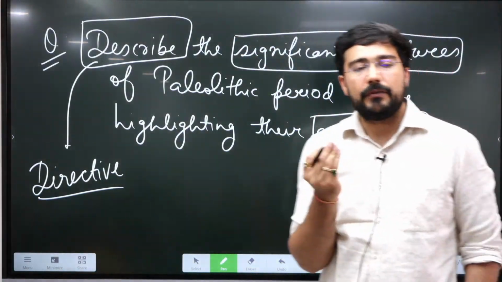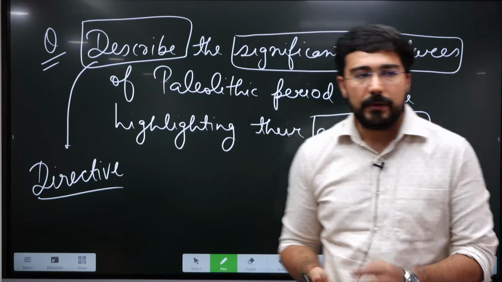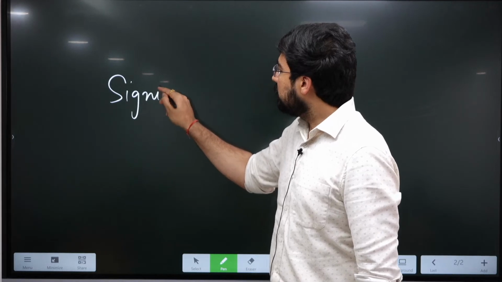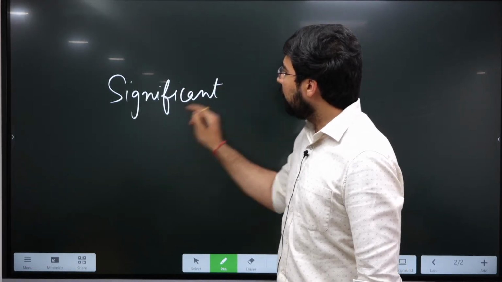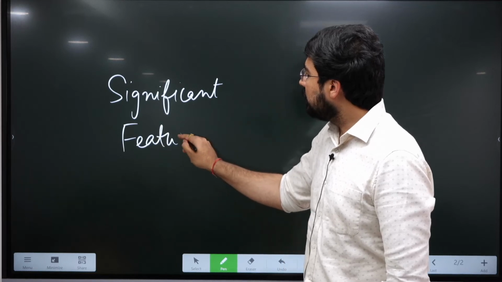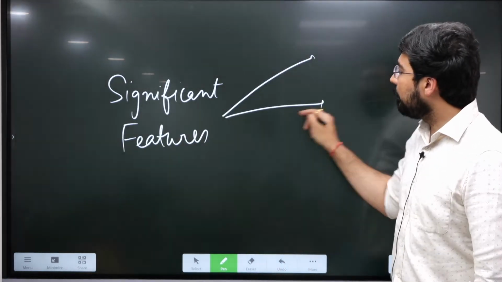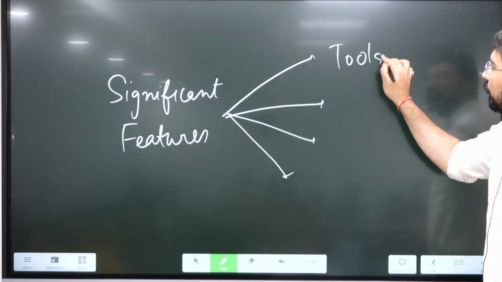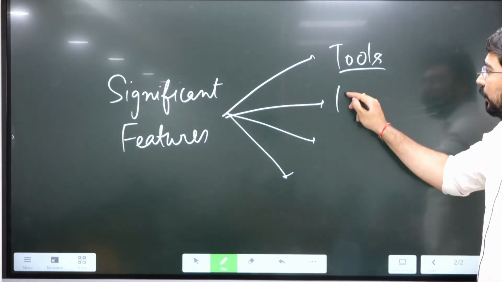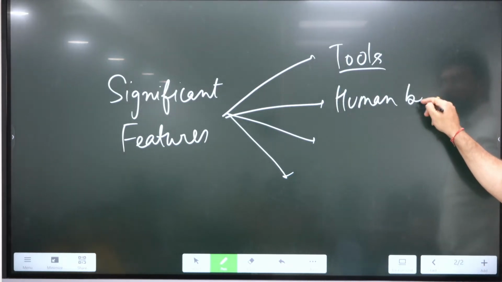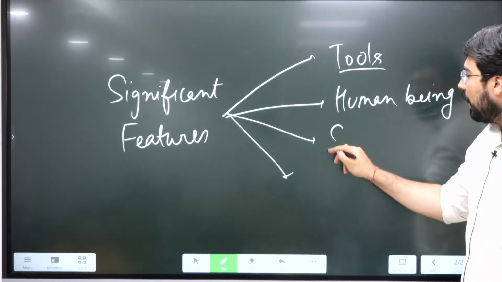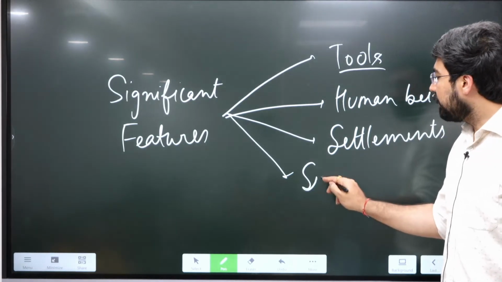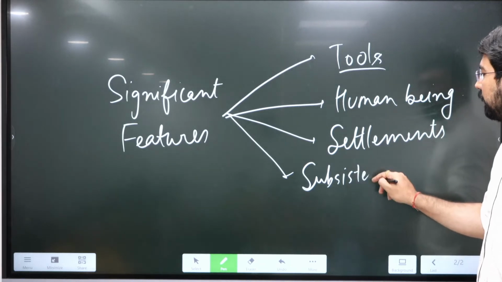So what are the significant features that we see in the Paleolithic age? Can you tell me? Like we see refinement in the technology of tools, evolution of human being, diversification of settlements, their subsistence economy.